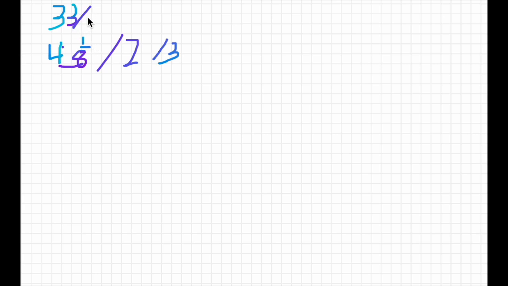So 33 over 8 divided by 2/3 equals x, or the number of servings. So to make this a bit easier, we're gonna do it like this.